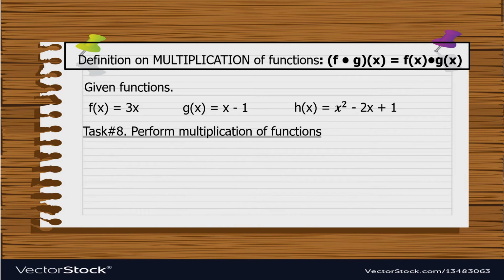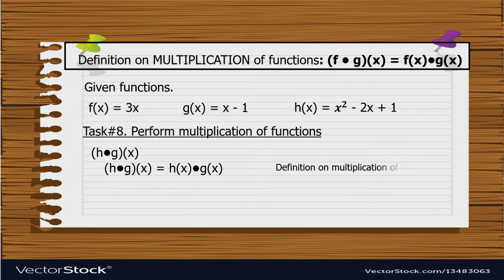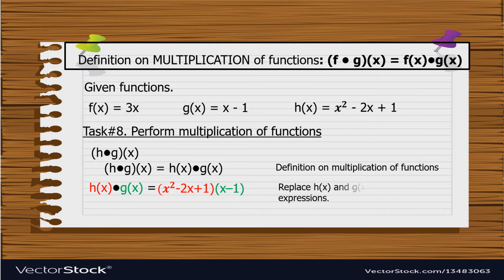Now for your task number 8, find the product of h of x and g of x. H multiplied by g of x equals h of x times g of x. Next, h of x times g of x equals quantity x squared minus 2x plus 1 times x minus 1.